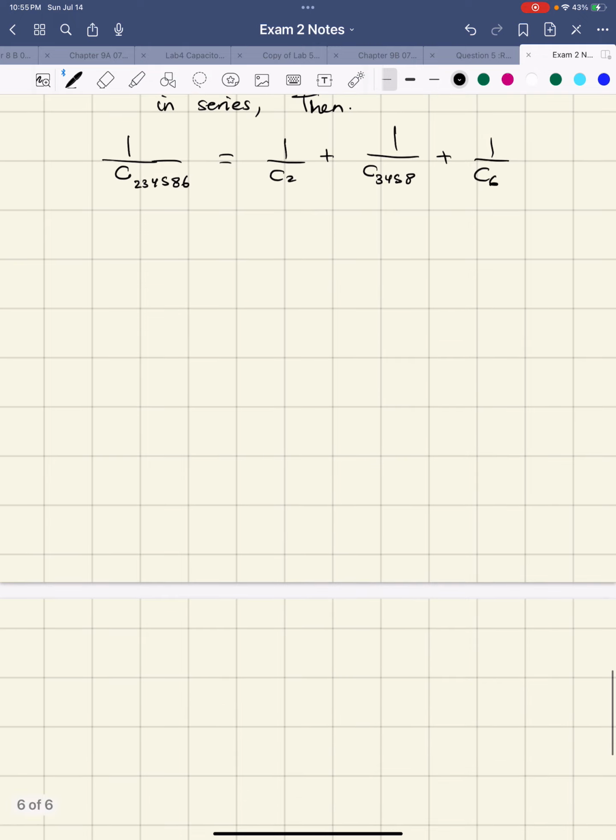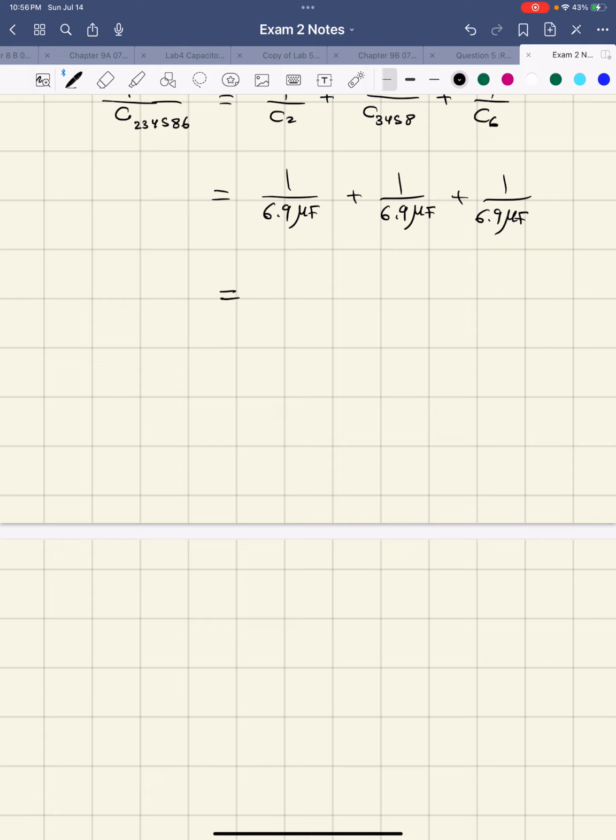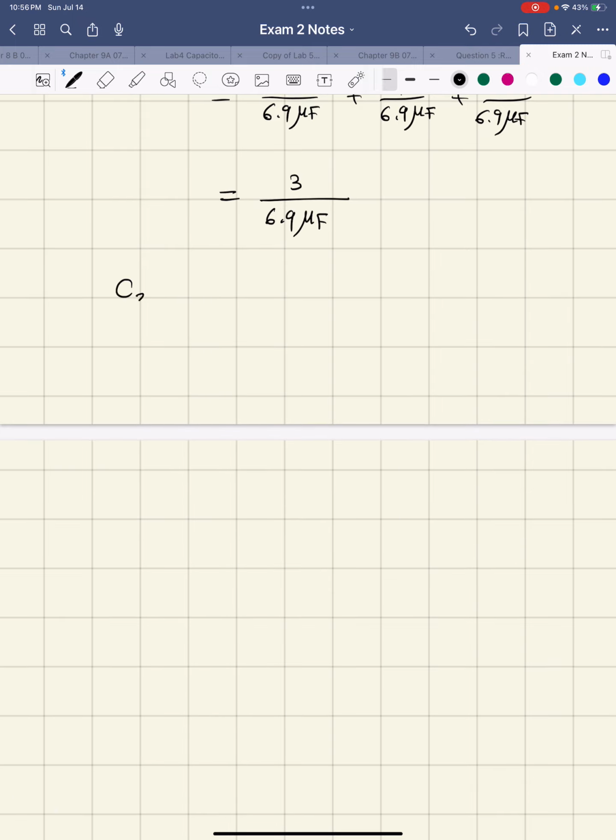And again, it is 1 over 6.9 plus 1 over 6.9 plus 1 over 6.9, and that is 3 over 6.9, and therefore C23456 is 6.9 microfarad divided by 3, which is 2.3 microfarad again.